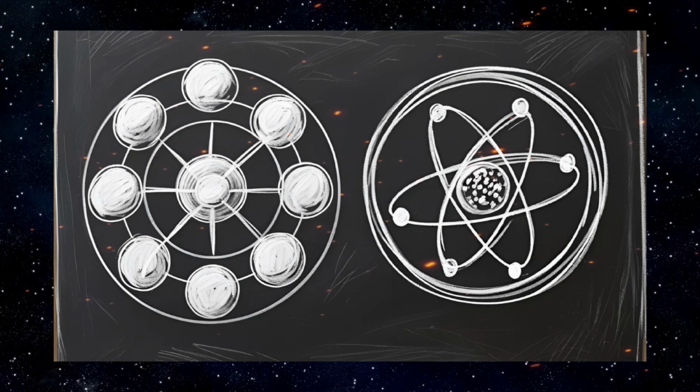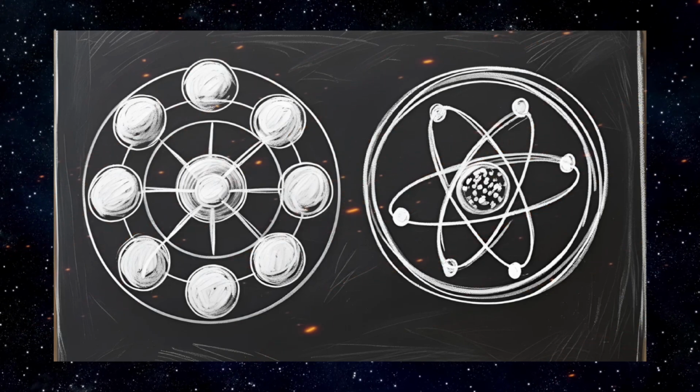These outer electrons, called valence electrons, are responsible for forming chemical bonds, whether by being shared, gained, or lost. Their behavior explains why some elements react quickly and others remain stable and unreactive.